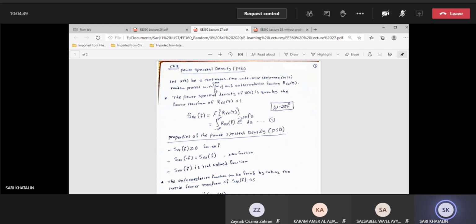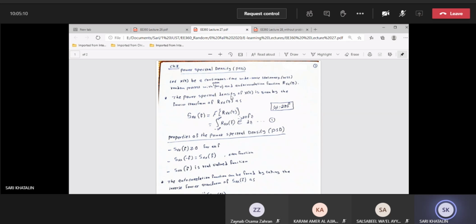We said that for the random process to be wide sense stationary, the mean has to be constant, and the autocorrelation has to be in terms of tau, independent of time. We talked about that in the last two lectures, actually.